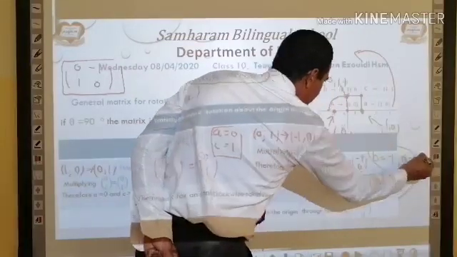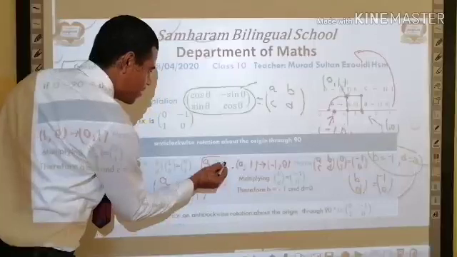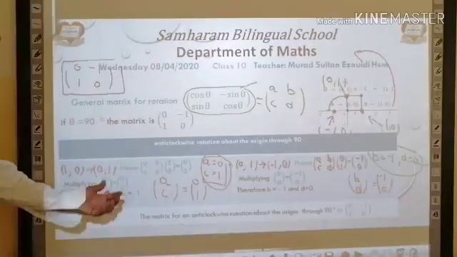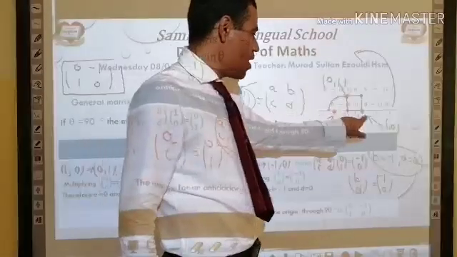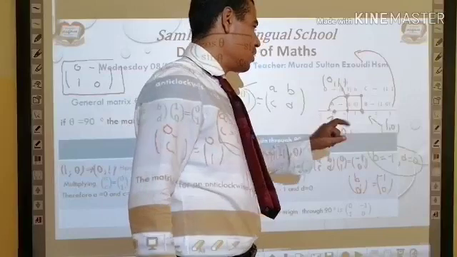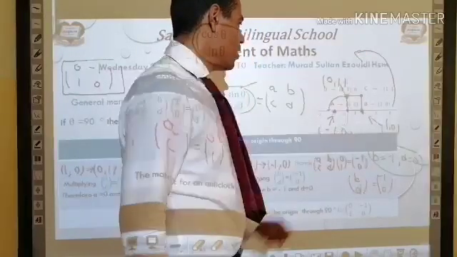So this one represents what? My matrix of transformation of a point, for example A of coordinates 1, 0 to its image, it will be 0, 1. And from 0, 1 to negative 1, 0.